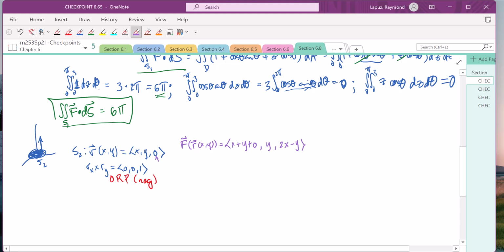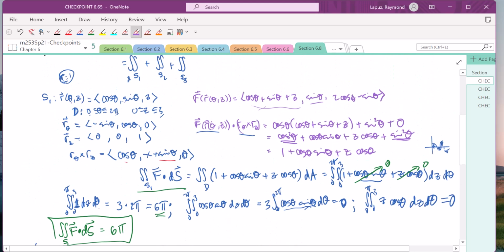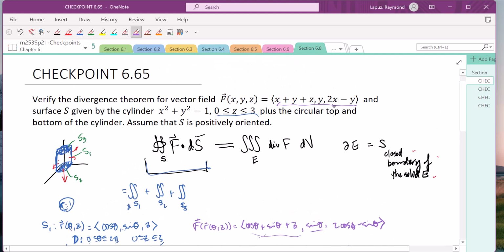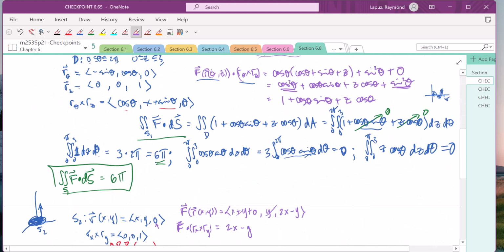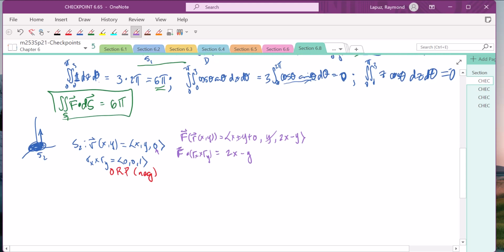And now if you take the dot product of f with the normal, rx cross ry, you'll see that you have 0 for the x, 0 for the y, and all you have left is 2x minus y. Let me verify that just to make sure. Yeah, 2x minus y. We did not establish our domain of integration, so let's just do it here now.